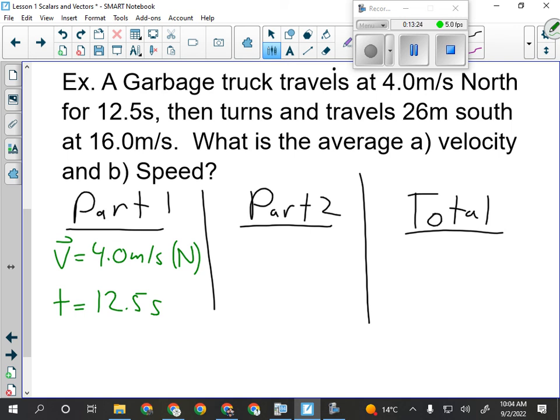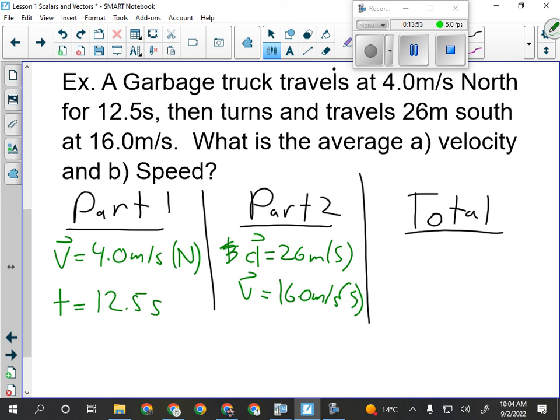In part 2, it travels 26 meters south at a velocity of 16 meters per second. Okay, so I have the displacement and the velocity in part 2, but not the time.